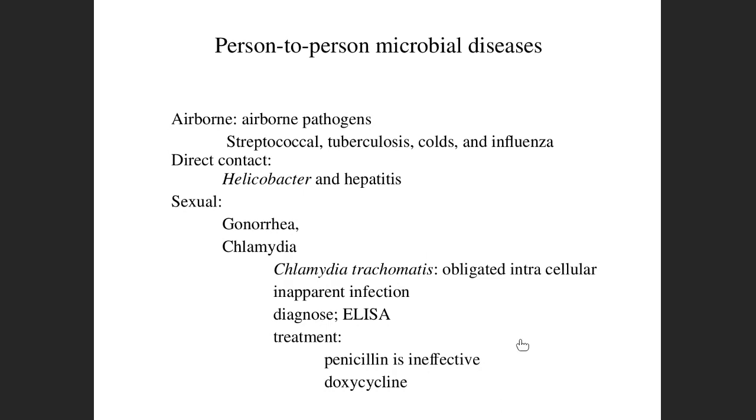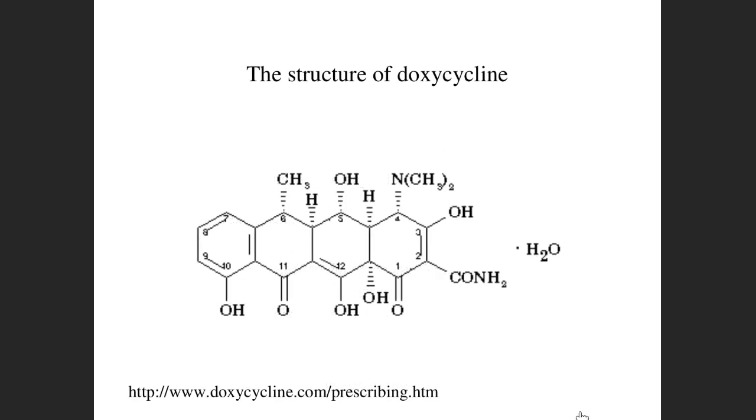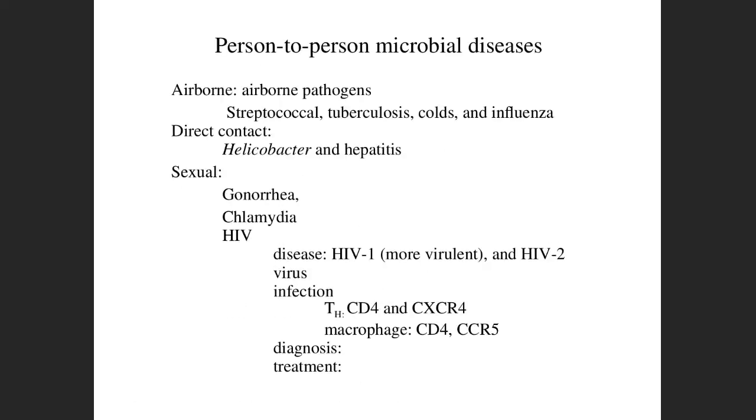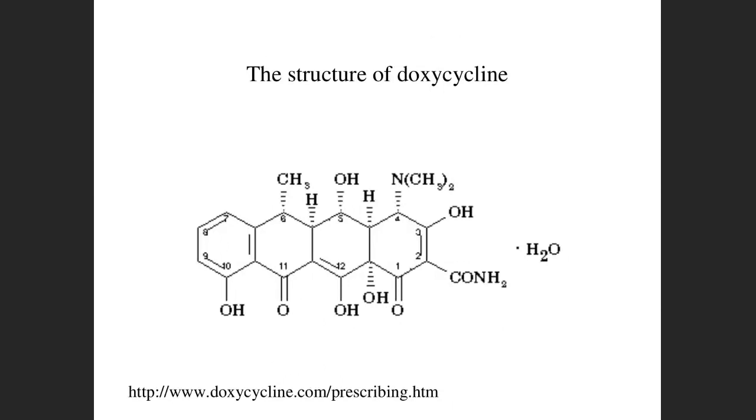People do need to periodically get checked to see if they carry this bacteria, because unless you look for it, you wouldn't see it. So doctors probably do routine annual exams and check. And this is the antibiotic, doxycycline.